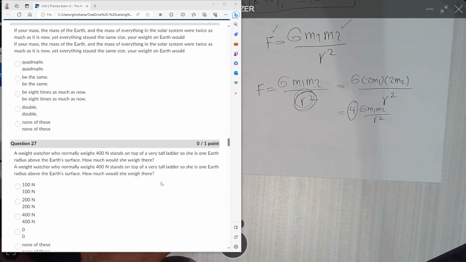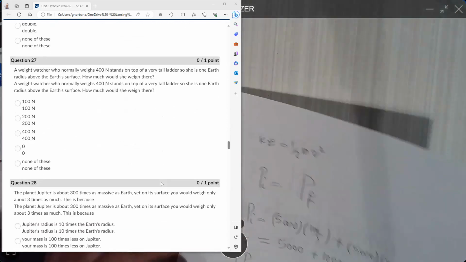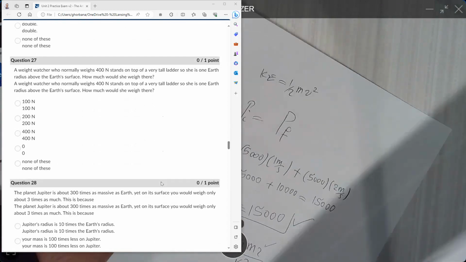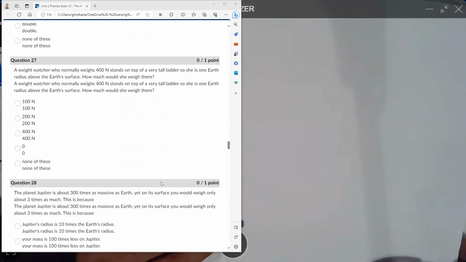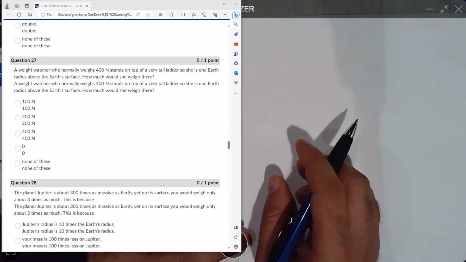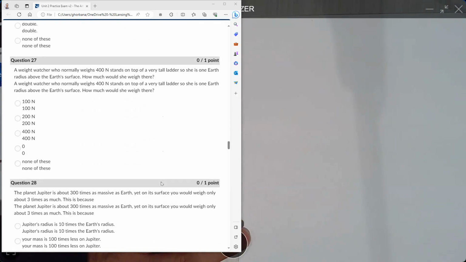27. A weight watcher who normally weighs 400 Newtons stands on the top of a very tall ladder, so she's 1 Earth radius above the Earth's surface. How much would she weigh?